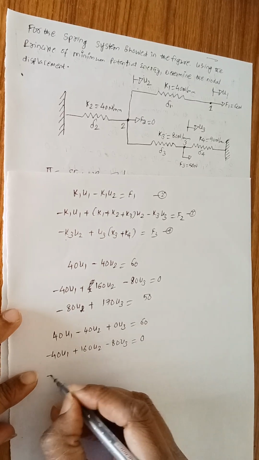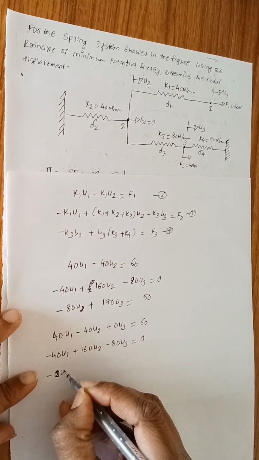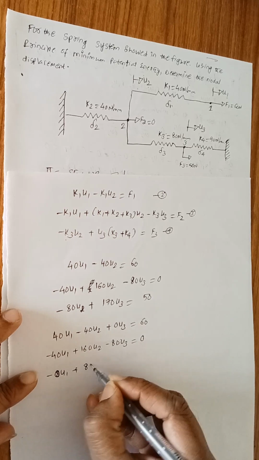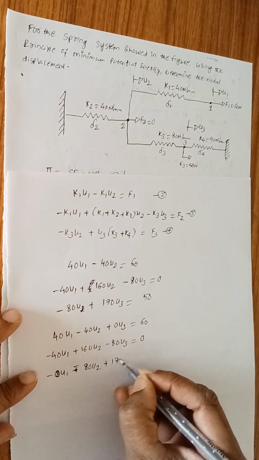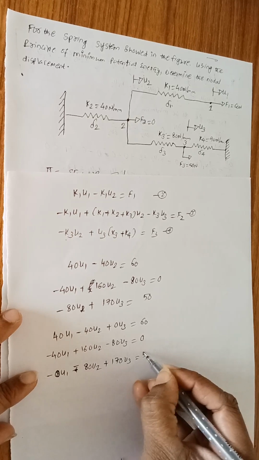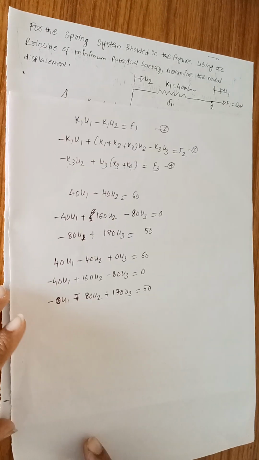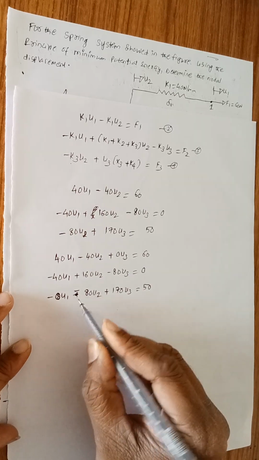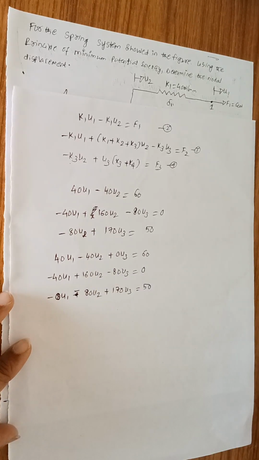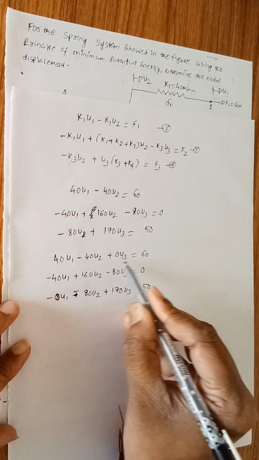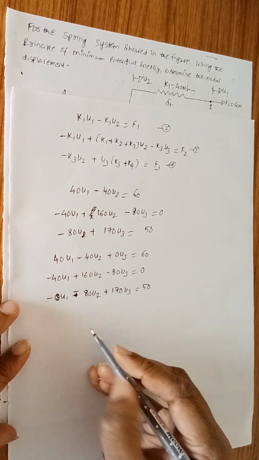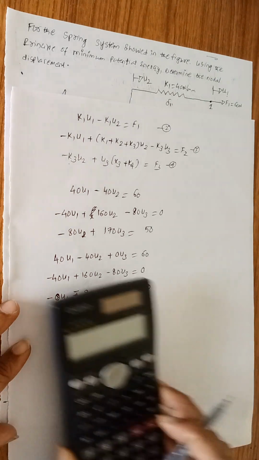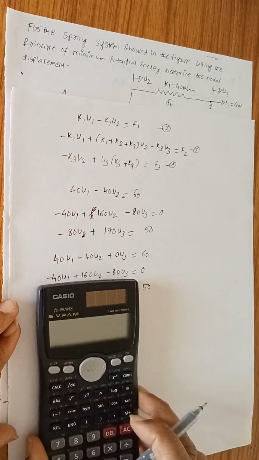This third equation I'll write as 0 u1 minus 80 u2 plus 170 u3 equal to 50. So now using your calculator, equation mode, number of unknowns, you can take it as 3. This you can consider as a1, b1, c1, d1, a2, b2, c2, d2, a3, b3, c3 and d3. So using that you can find the answers for u1, u2 and u3.